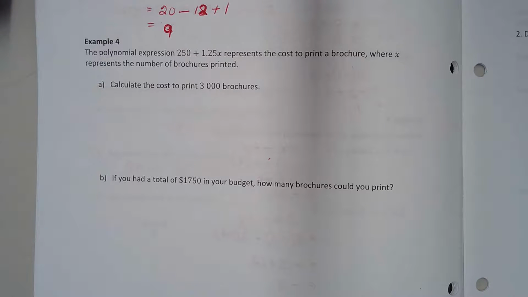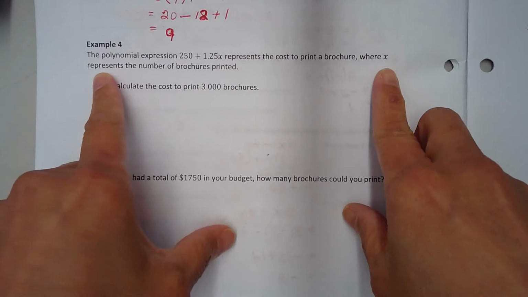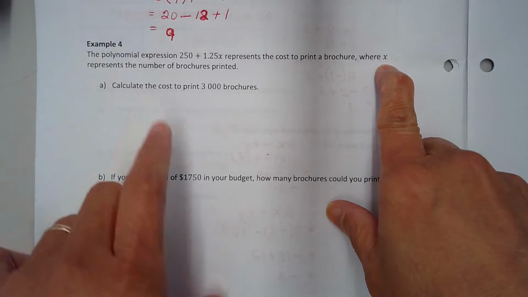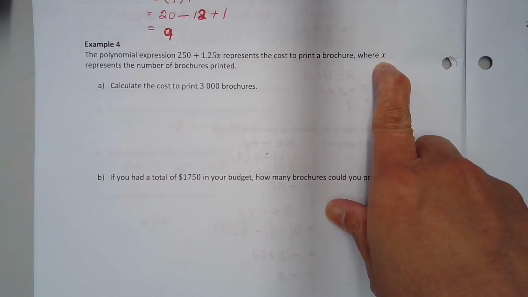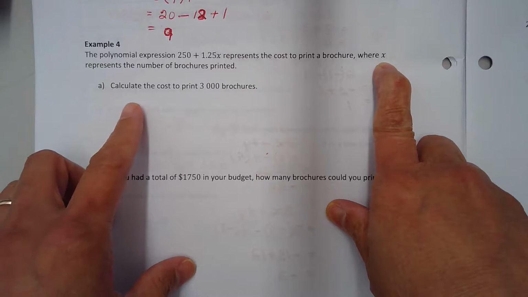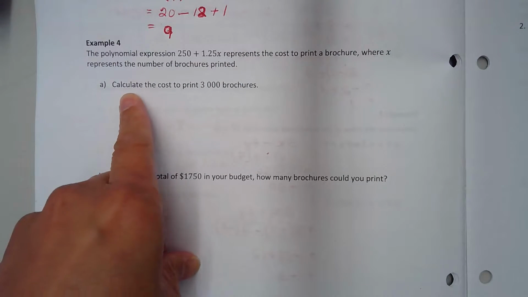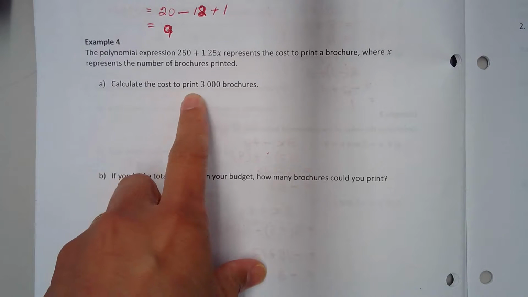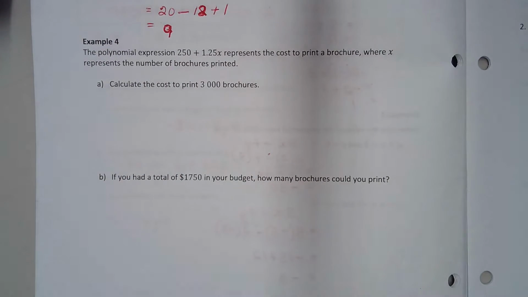X represents the number of brochures. So wherever the x is, the x represents how many brochures are getting printed. So it says here, calculate the cost to print 3,000 brochures.